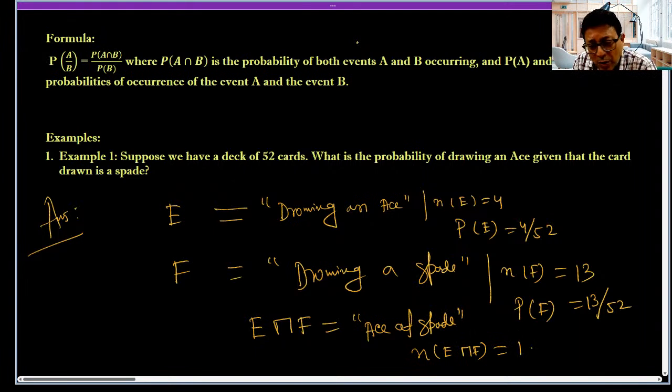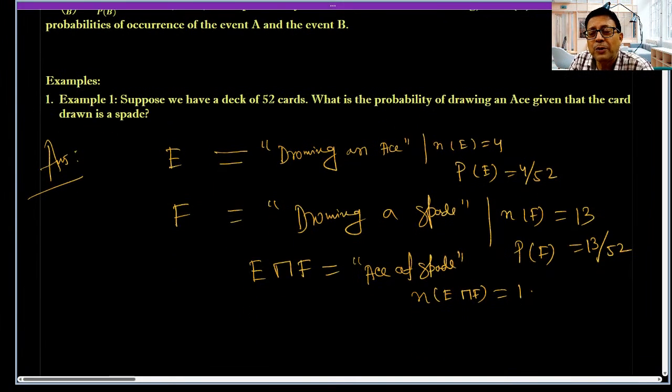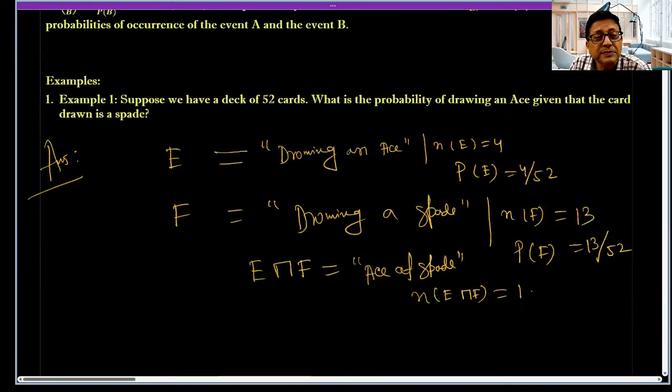This case will be 1 only, because ace of spade is 1. What is the probability of drawing an ace given that the card drawn is spade? This was the question, isn't it?